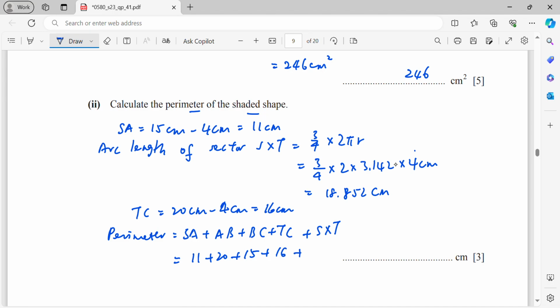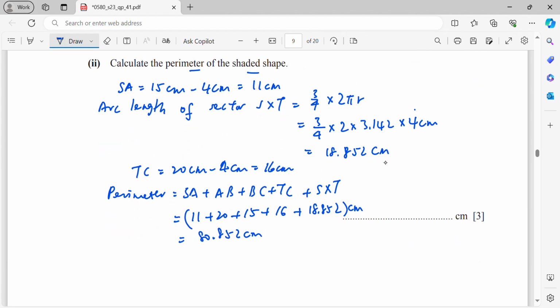Then SXT is 18.852. So then from here, you will be getting 80.852 centimeters and it will be 80.9 centimeters. So that is your perimeter.